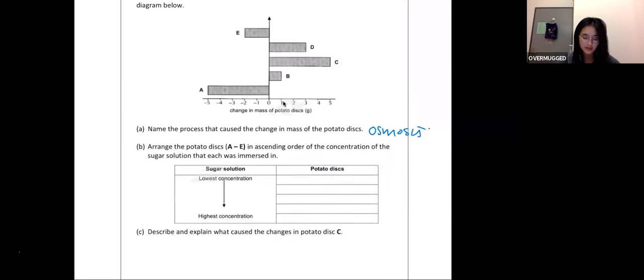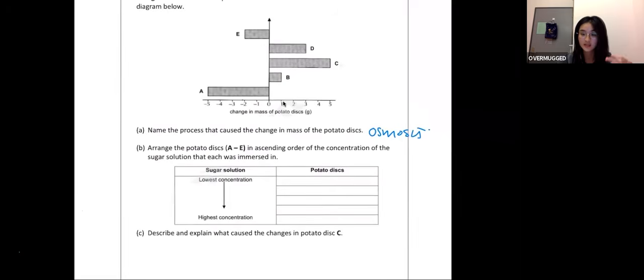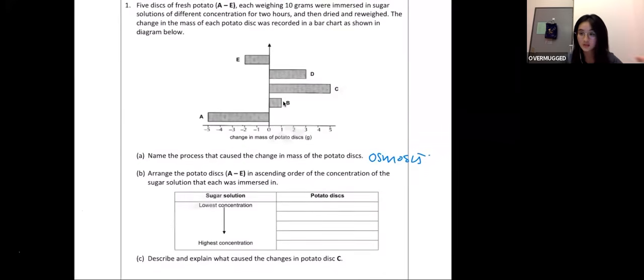Now for part B, arrange the potato discs in ascending order of concentration of the sugar solution. So from the least concentrated solution to the most concentrated solution. How do we answer a question like this? We need to think to ourselves, what does it mean to put this strip in a very dilute solution? Remember, we just went through hypertonic, hypotonic, isotonic solutions.